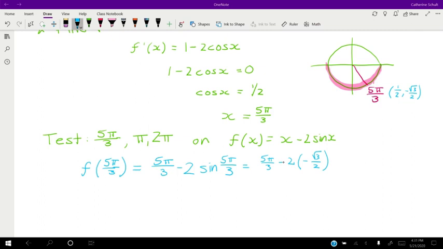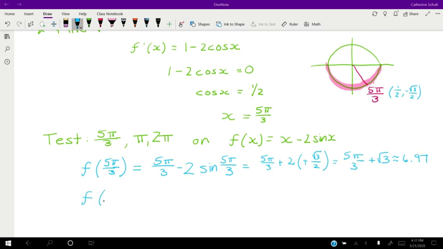Okay, so negatives cancel, plus plus, 2's cancel, so we're looking at 5 pi over 3 plus root 3. All right, and then let's put that in our calculator. I can't do all that mental math. So that's about 6.97.